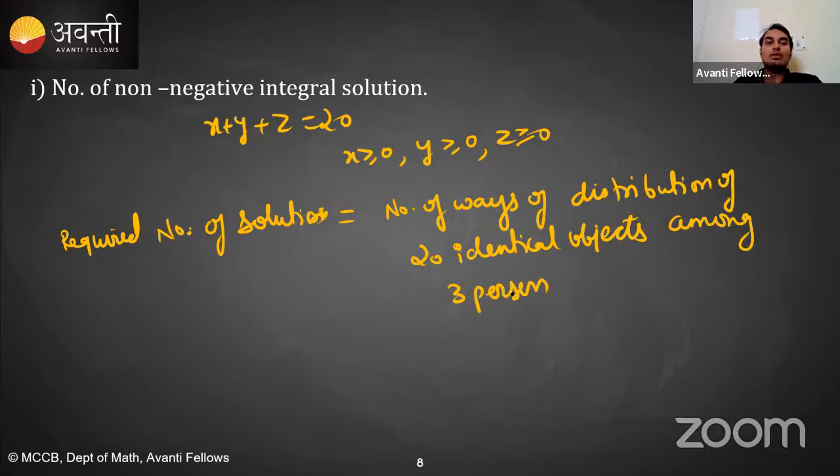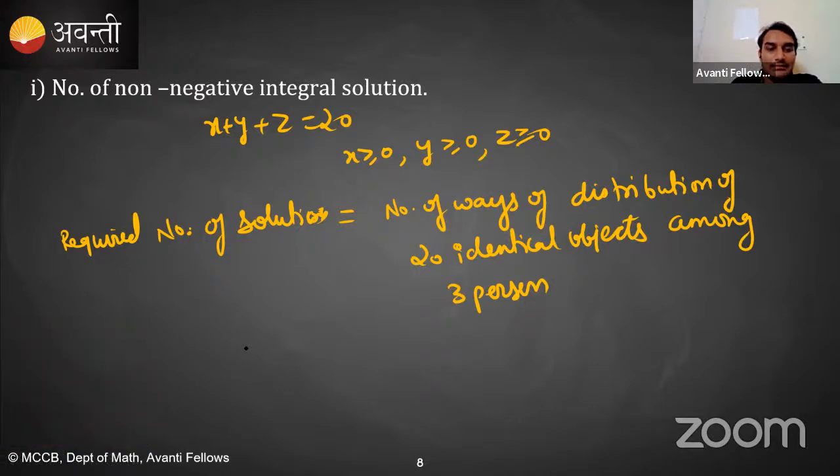As many variables as there are, that many persons there are, and the number on the right side, n, is the number of identical objects. Just keep this in mind. Clear? So the number of non-negative integral solutions of this equation is the same as the number of ways of distribution of 20 identical objects among 3 persons.